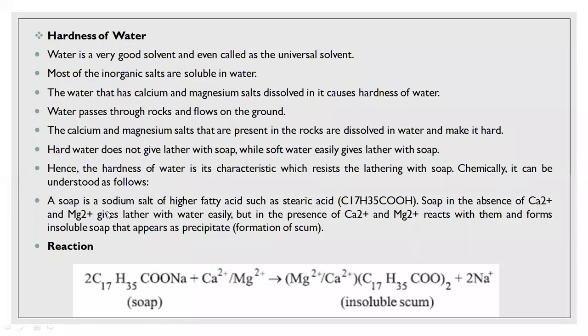Now we come to the term hardness of water. What is the hardness of water? Water is a very good solvent, as we know, and even called the universal solvent. Most of the inorganic salts are soluble in water. The water that has calcium and magnesium salts dissolved in it causes hardness of water.